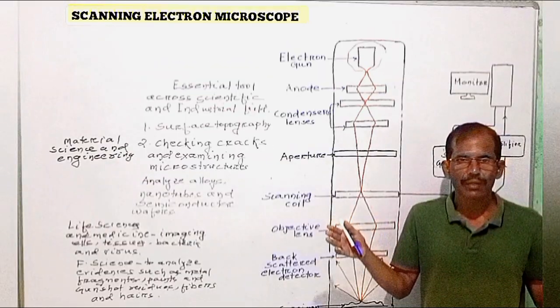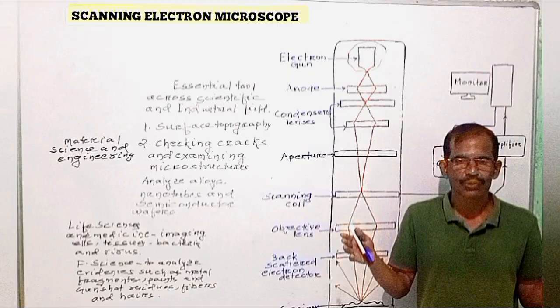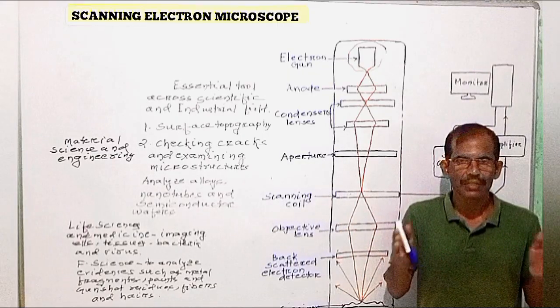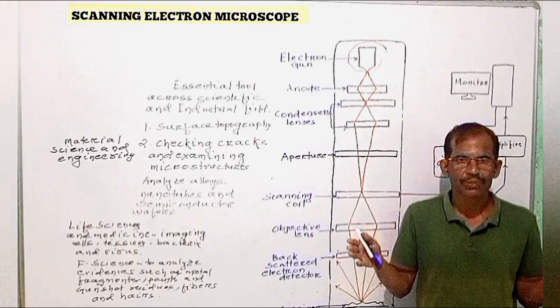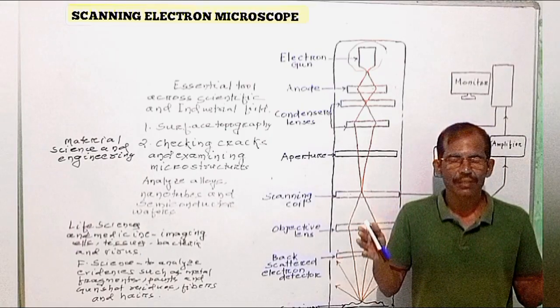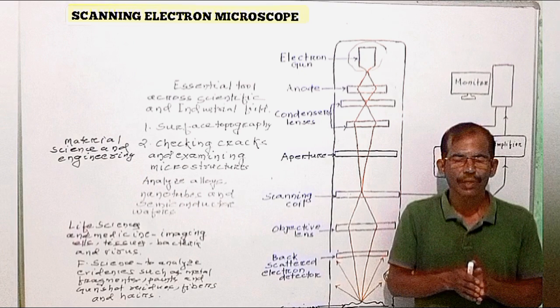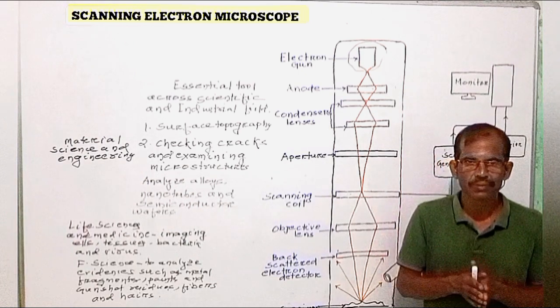Scanning electron microscope is an essential tool across scientific and industrial fields. It has several applications. Number one, it is used to study the surface topography and morphology of different types of samples.